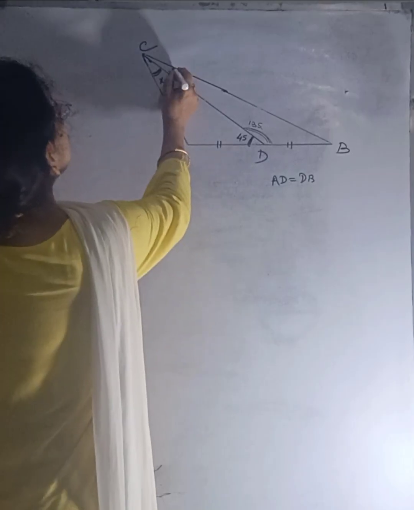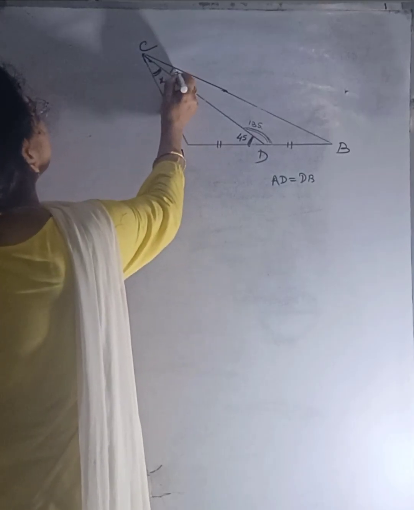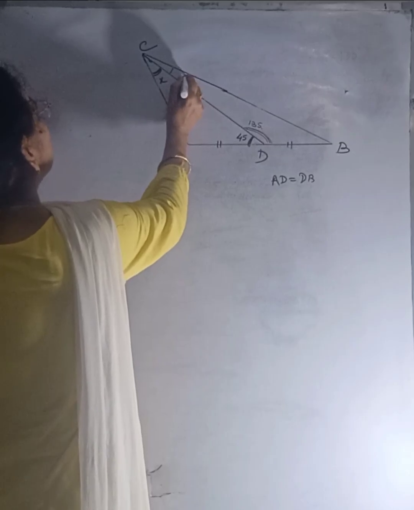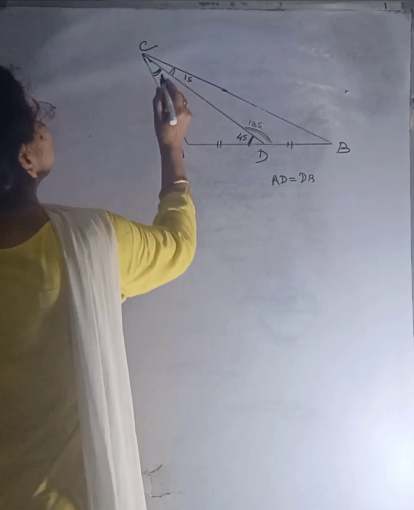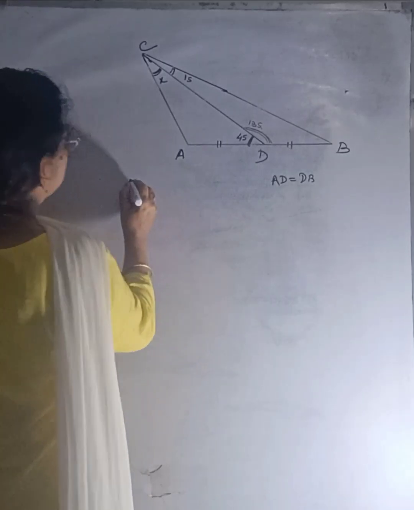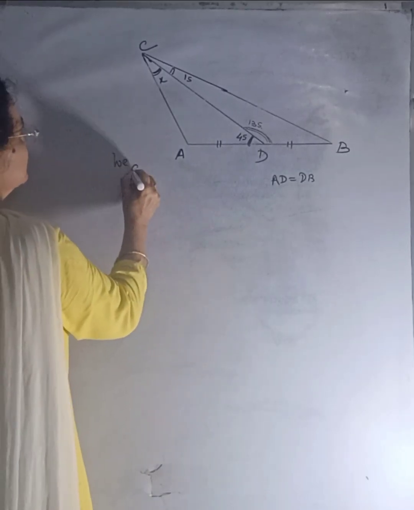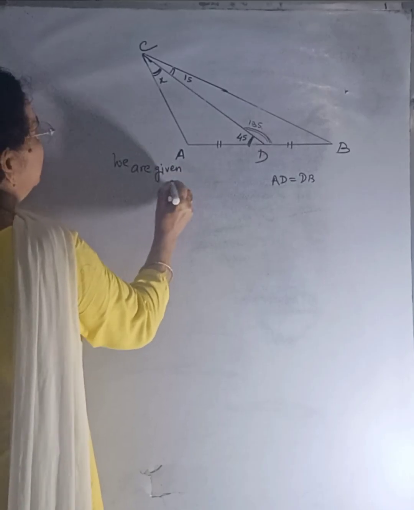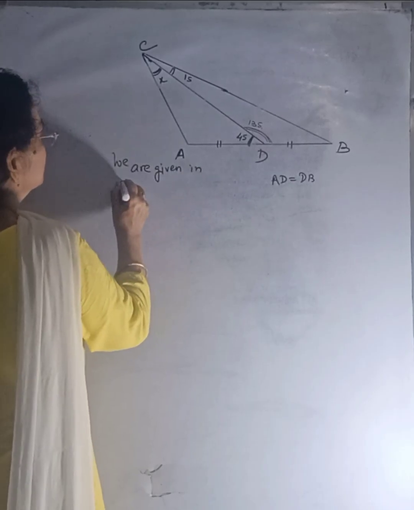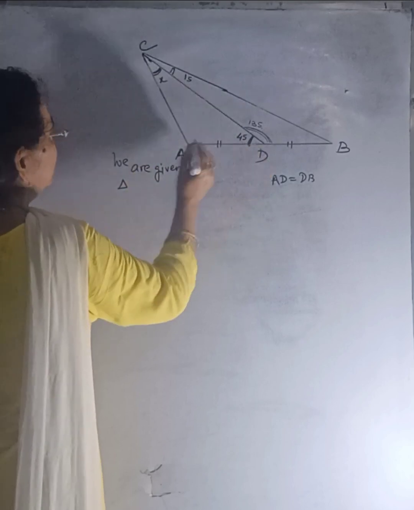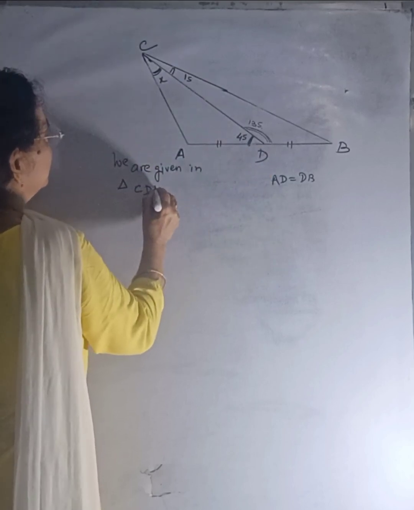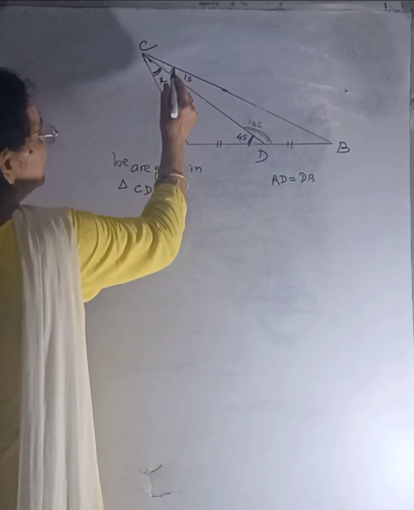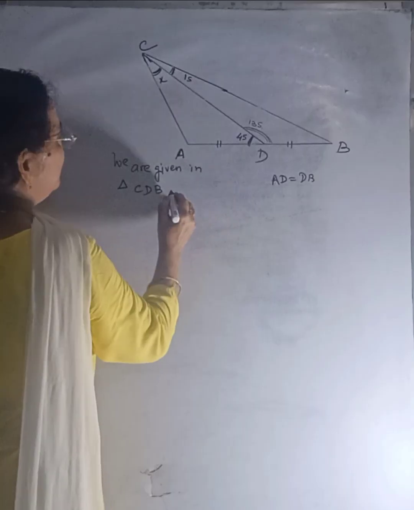That is my mistake, it is also given to us as 15. This angle is 15, given to us already. It means we are given in triangle CDB, this is 15 and this is 135.